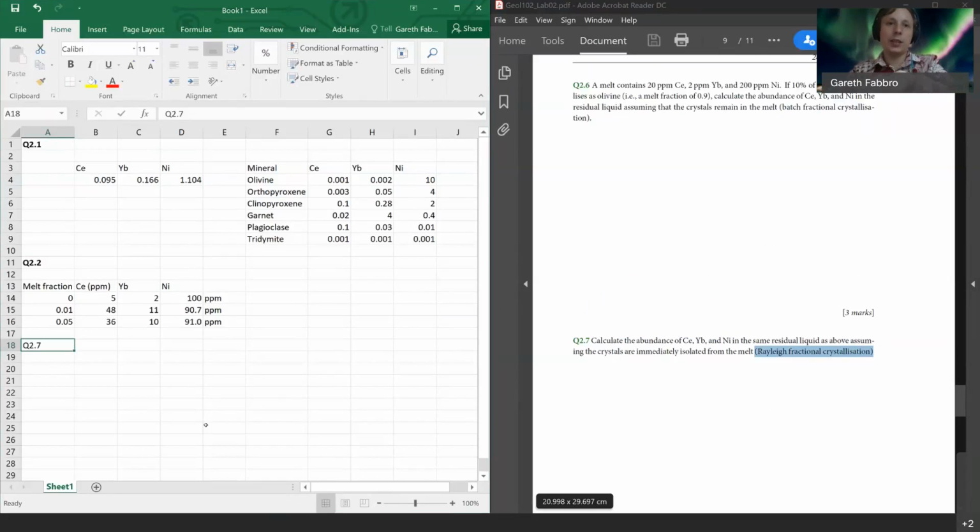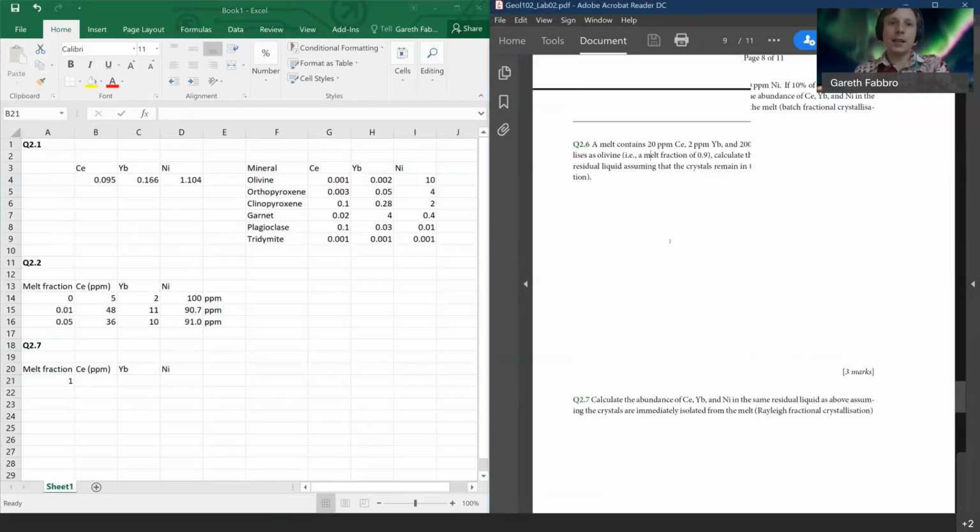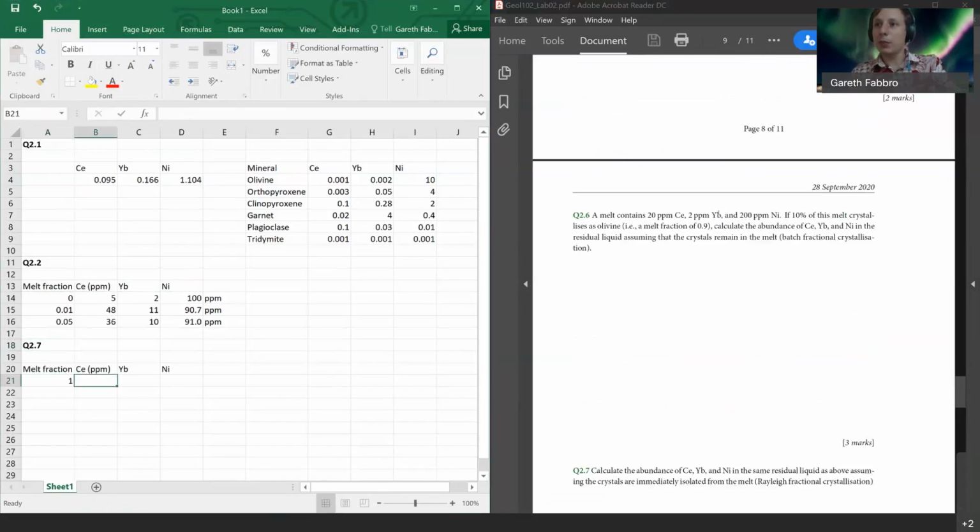Again, we need to know, so this would be a melt fraction of 1 this time. And so we read off these numbers because it's the same melt as before. So we're saying 20 ppm cerium, 2 ppm terbium, 200 ppm nickel.